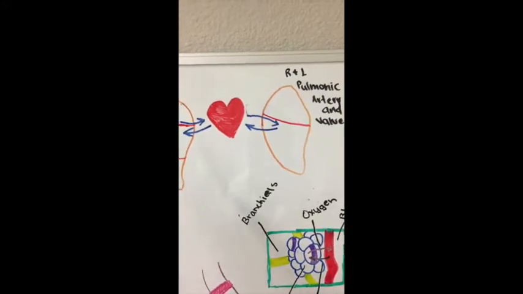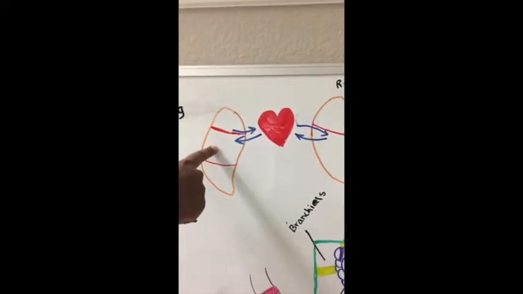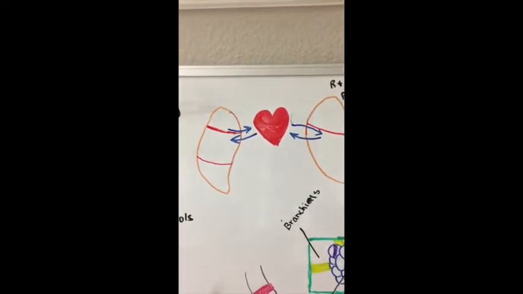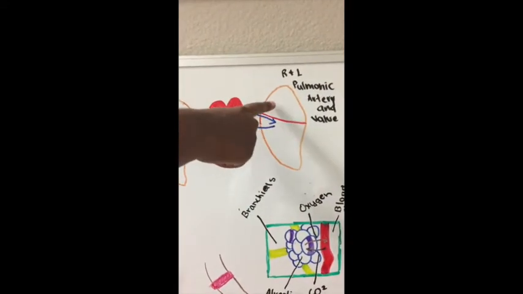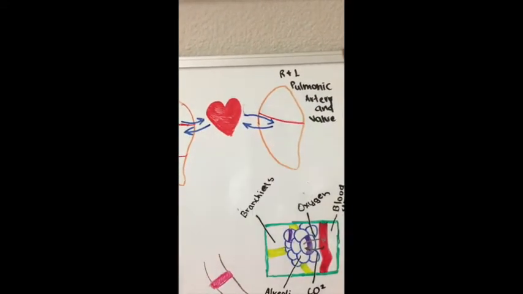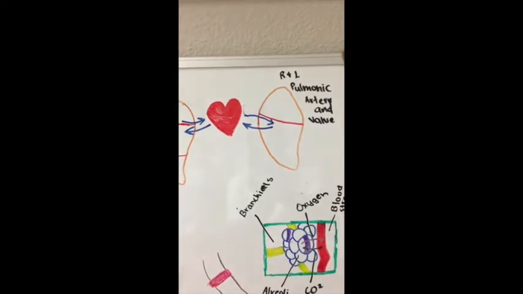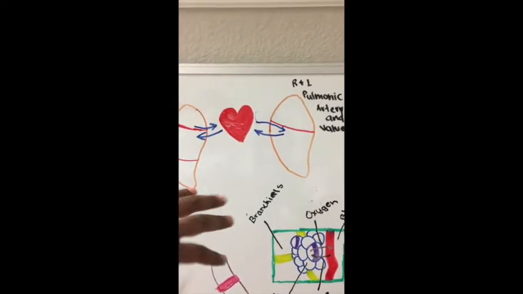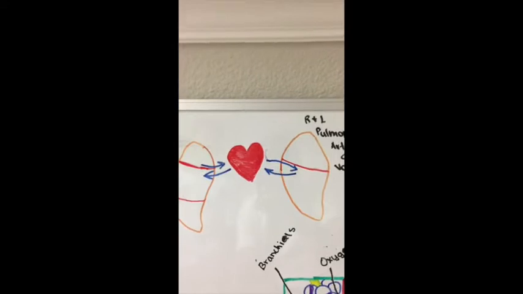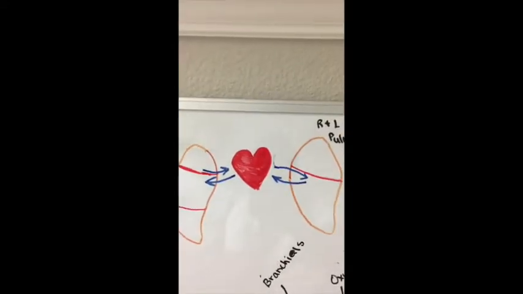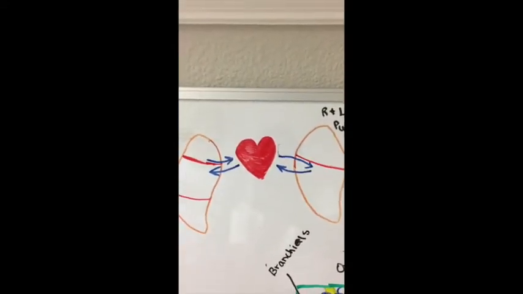These lobes are called the upper lobe, the middle lobe, and the lower lobe. Whereas on the left lung, they are called the upper lobe and the lower lobe. And then right here, I just have a small representation of the heart transferring blood into the lungs.